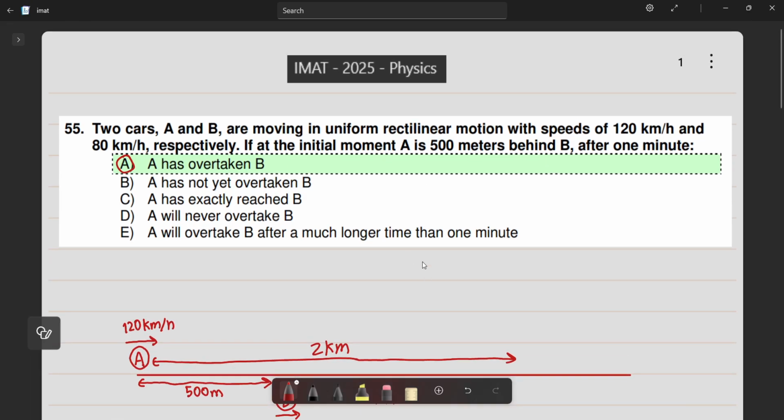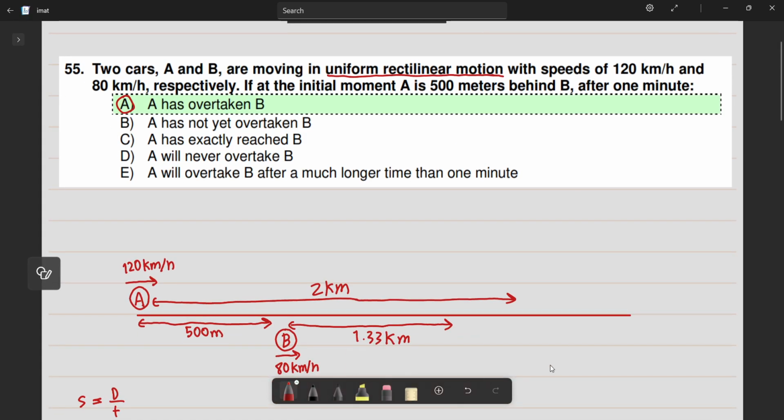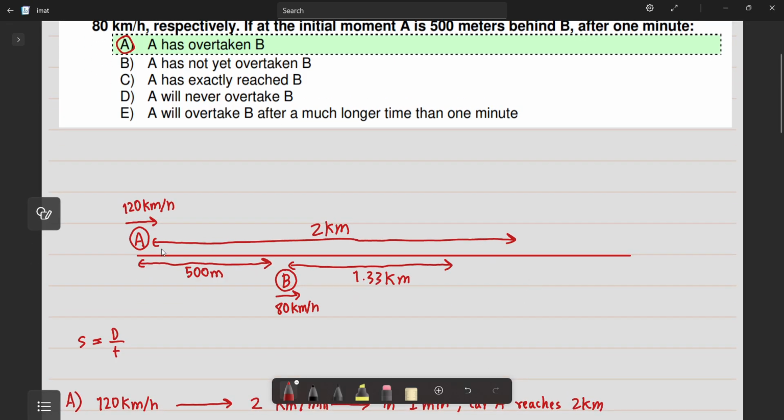Okay, so one more thing I forgot to mention about this new key term, which is uniform rectilinear motion. This term may be confusing, but it's quite a simple definition. Basically, rectilinear motion means the object moves along a single straight path. As I've mentioned in this diagram, this is a straight path.